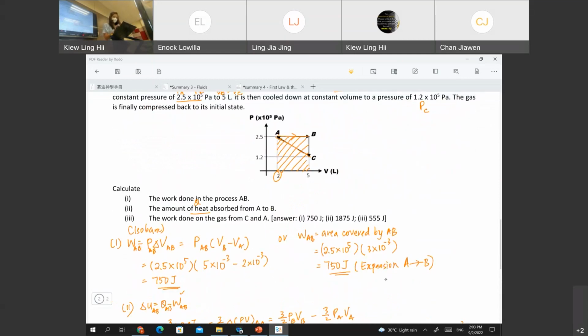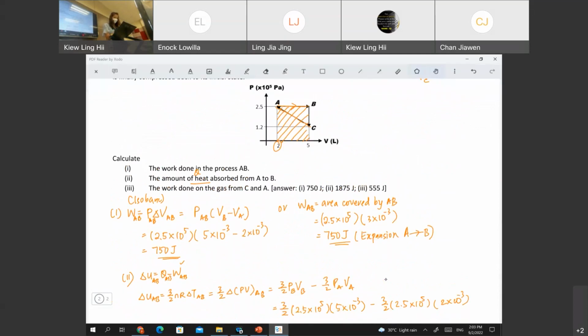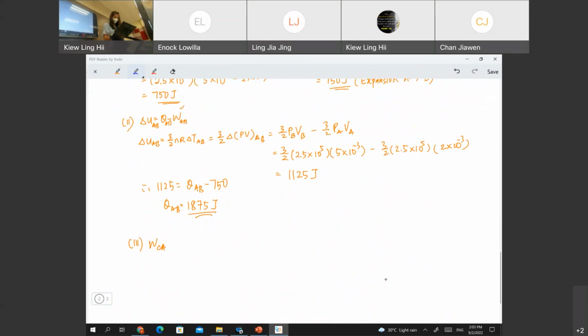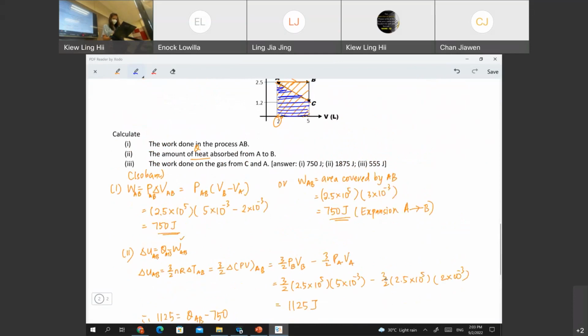So you have to use the area under the graph to help you with this. This is the area under CA. It is actually a trapezium.